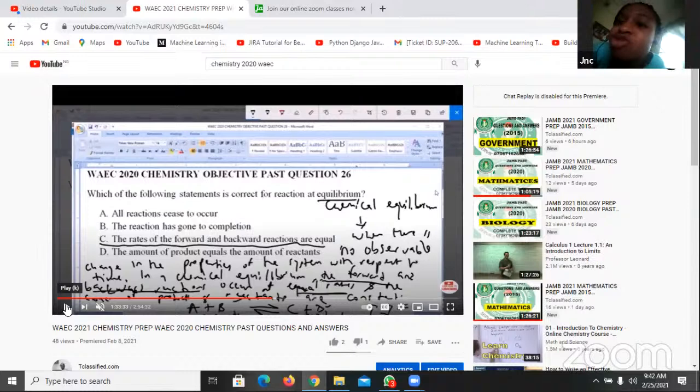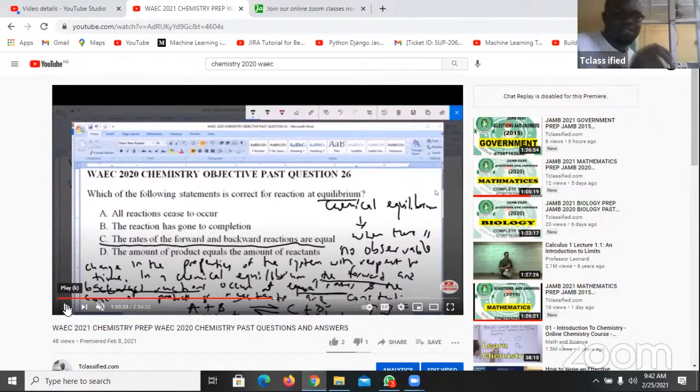So what about the amount of product and reactants being equal? The amounts can never be equal, because it depends on what the product is, that's what the reactant takes up to become the product.